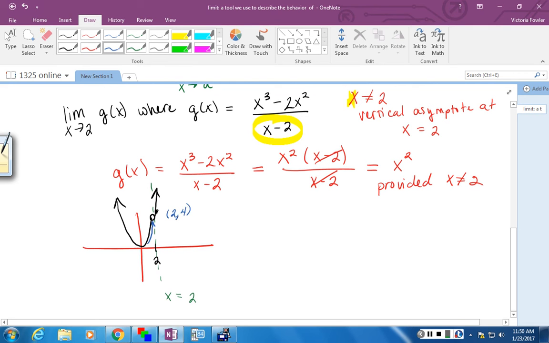There's that open circle here now at (2, 4). I get closer and closer to the y value 4, and then likewise, if I approach it from the right, it looks like I get really, really close to 4. But again, we can't quite attain it here because we have this vertical asymptote. Our function's not defined.